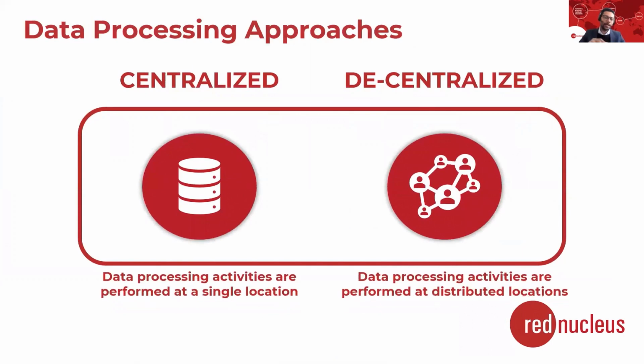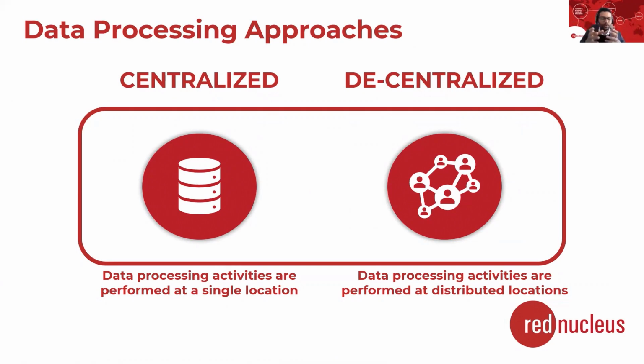So let's now take a look at the different approaches you can leverage in terms of managing the data attributes when it comes to the full IDMP. It mainly falls into 2 categories, which are centralized and decentralized. Centralized is where the data processing activities are performed at a single location, whereas in decentralized, the data is processed within different locations.